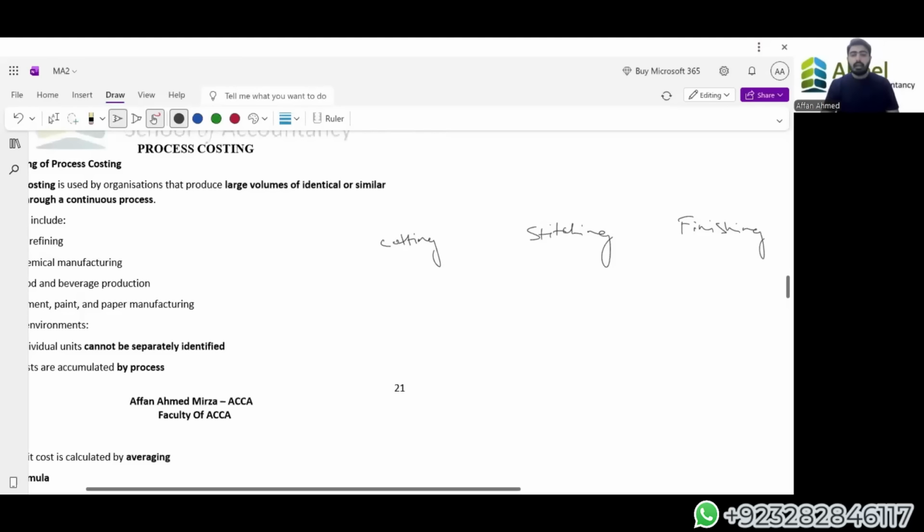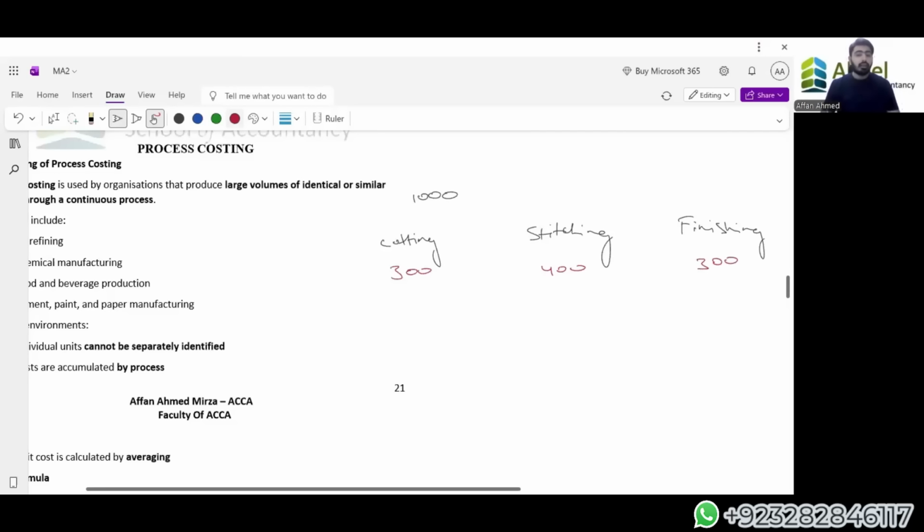Now, if you're making only one type of product and we're producing 1000 units of that product, there might be a situation that out of 1000, 300 might be in the process of cutting, 400 might be in stitching, and 300 might be in the finishing stage.